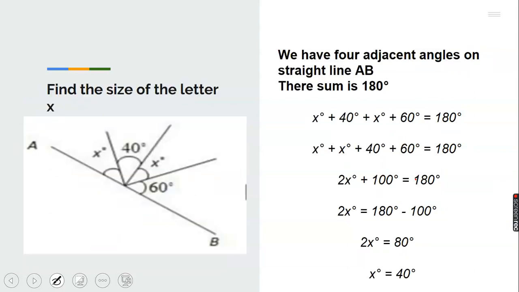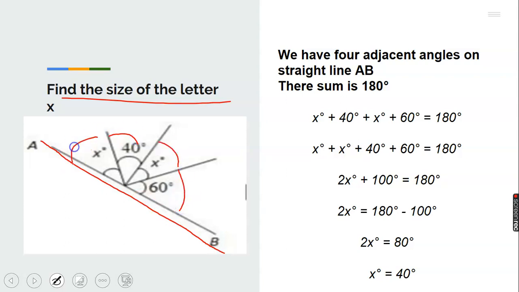Now, find the size of the letter X. Look, this is a straight line. How many adjacent angles do we have? 1, 2, 3, 4. You can see. We know that angles on a straight line sum up to 180.